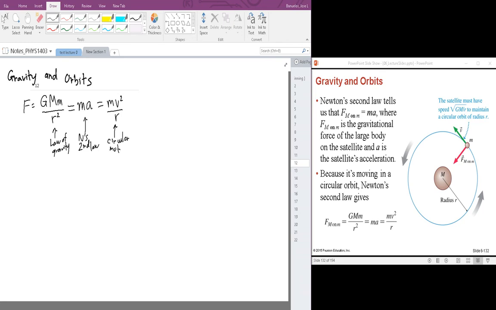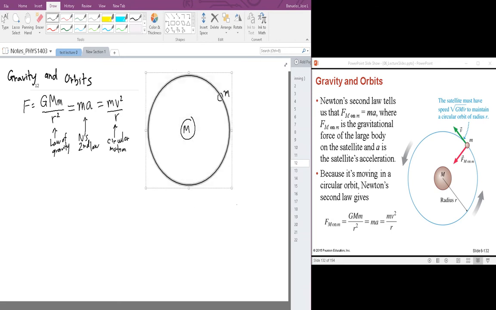motion. Okay, so that combination is going to allow us to solve problems where we have some central mass, and an orbiting smaller mass, which we'll call little m, making a path around our object that looks like this.